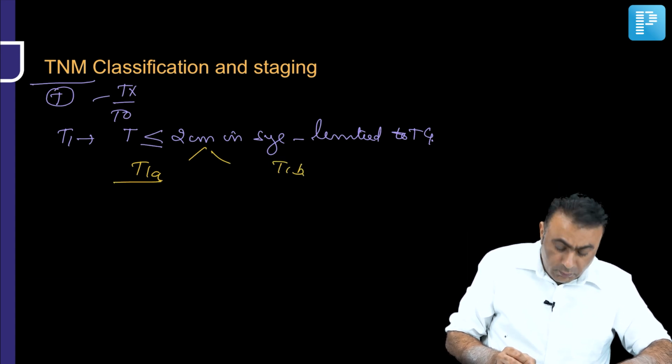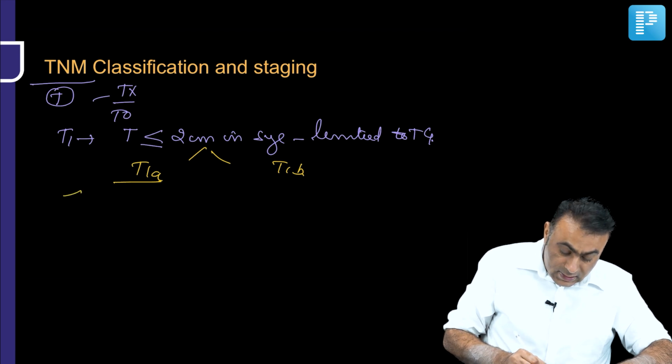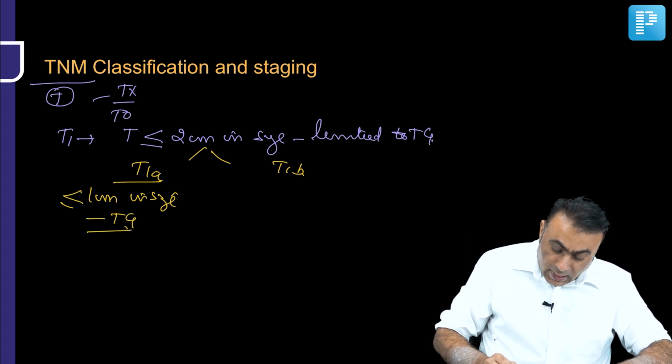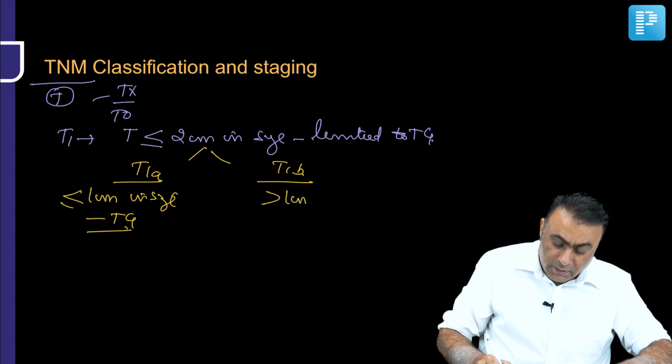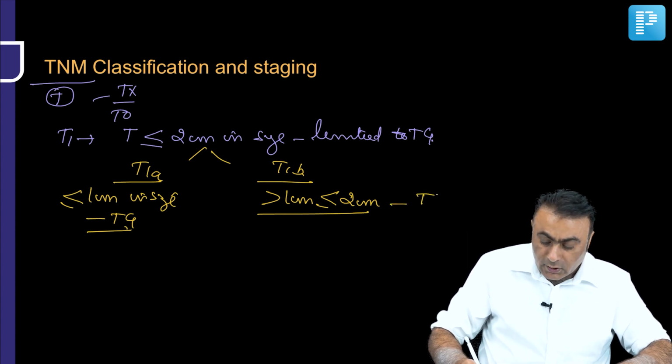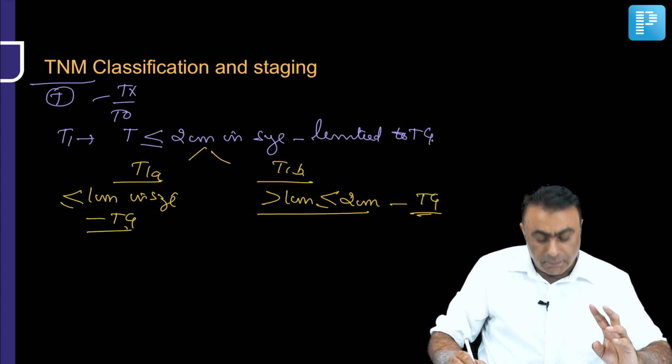T1A is a tumor which is less than or equal to 1 centimeter in size and limited to the thyroid gland. In case the tumor is more than 1 centimeter in size but less than or equal to 2 centimeters in size, limited again to the thyroid gland, that is T1B.